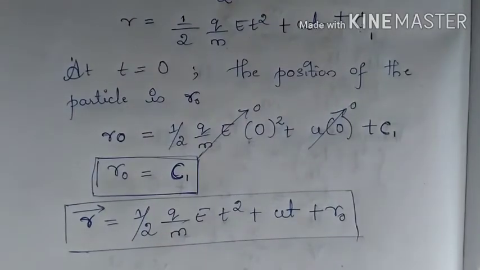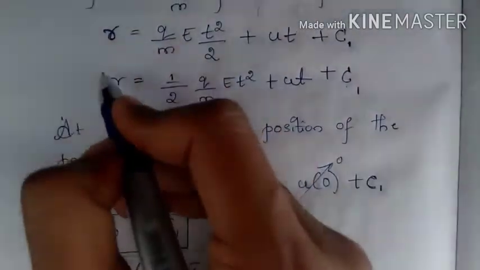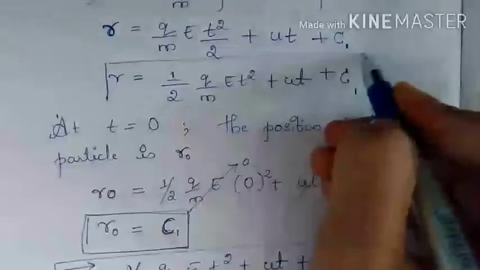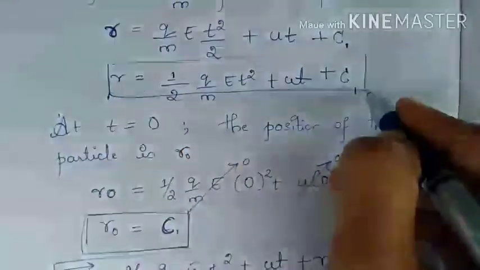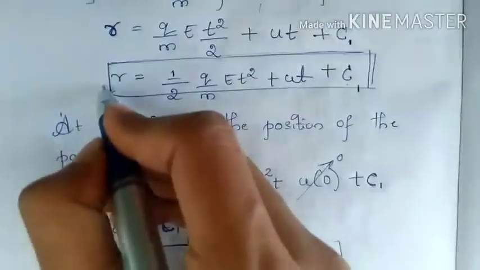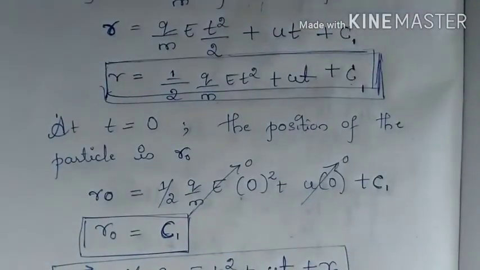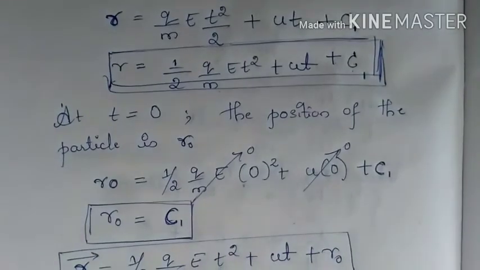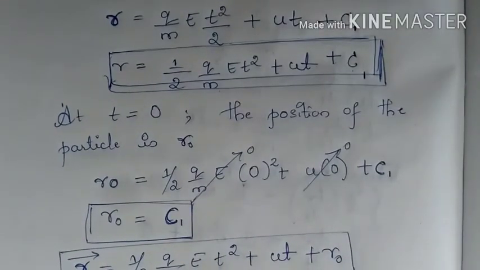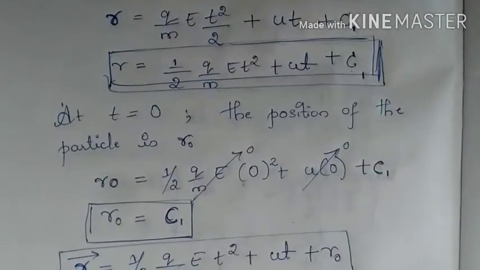This is the displacement of a particle when it is kept in a uniform electric field. So here you have this equation, and this equation is a general equation. You can apply it whatever the direction of the field.